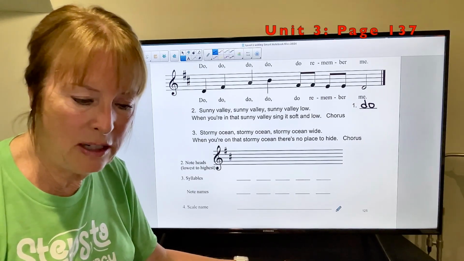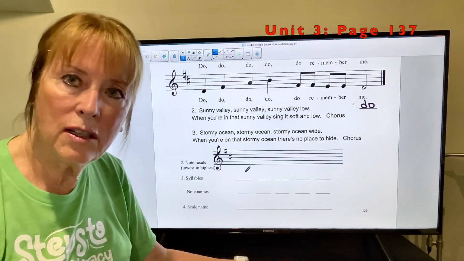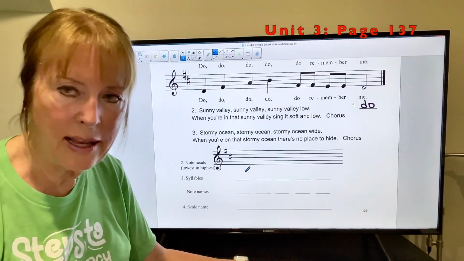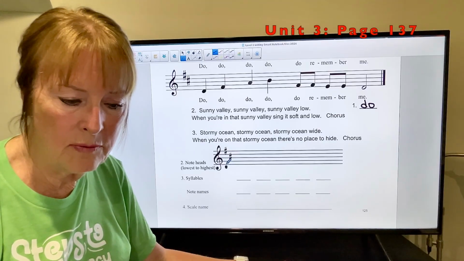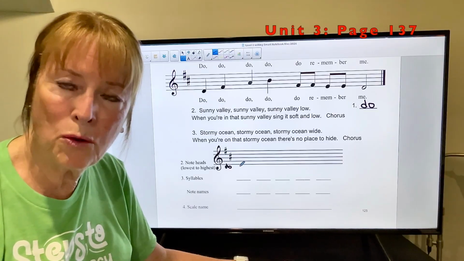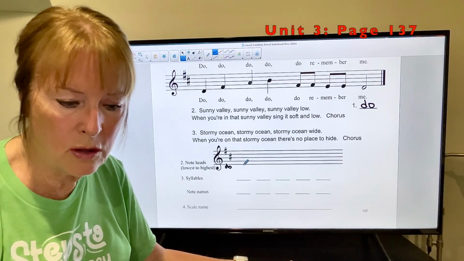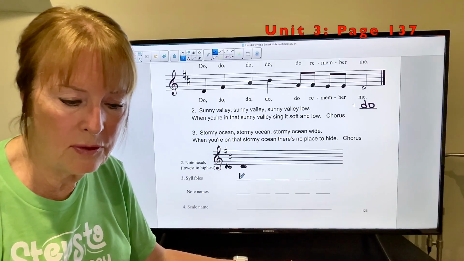All right, let's go down here now, and let's write in the notes, the note heads from the lowest to the highest. So remember, our do was here in this space, right under the line. The first note that we sang, the lowest note, was do, and it was under line 1. So let's go ahead and put the syllable there.